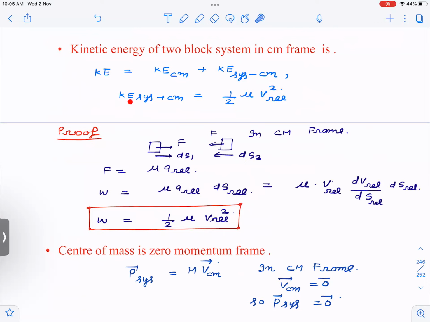Remember, kinetic energy of the system with respect to CM, for a two body system, is half mu v relative squared. Mu is again the reduced mass, and v relative is the relative velocity. If you remember this formula, many questions, not just here but up to atomic and nuclear physics, in atomic collisions also, you can use this formula and solve the questions directly.